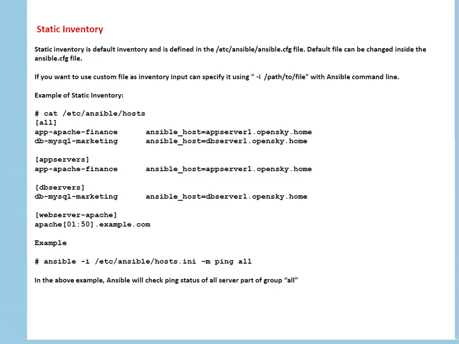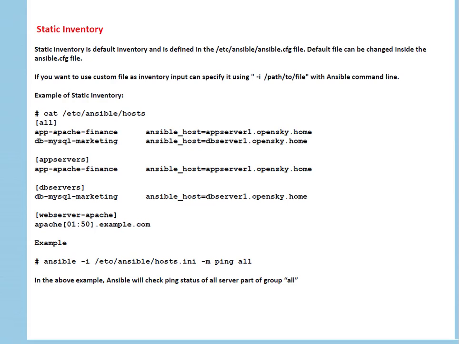You can populate your own desired name, or if you don't want to modify it in the ansible.cfg file, you can manually specify inventory by using the -i switch and the path to your new inventory file, and Ansible will follow that new inventory file for that particular task or the command which you are running.